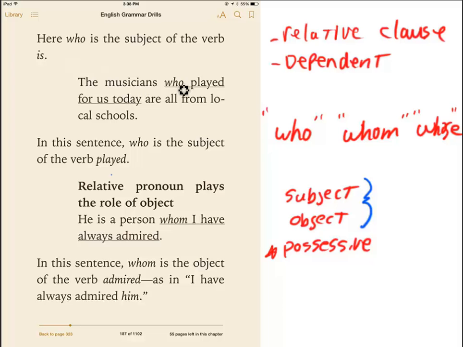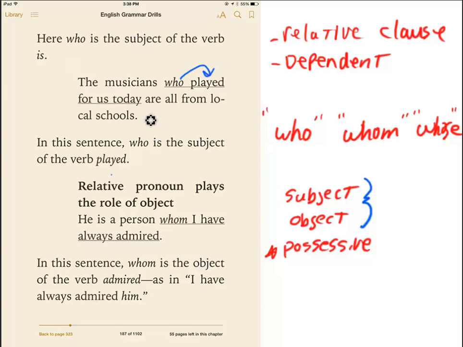The musicians who played for us today are all from local schools. The antecedent is musicians. This is human, so I have to use who, whom, or whose. Why do I use who? Because who is doing the action. It must be the subject.